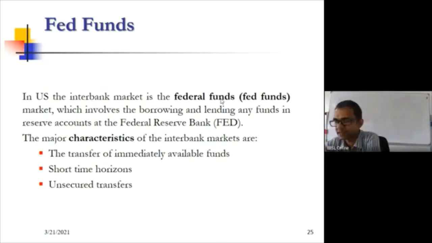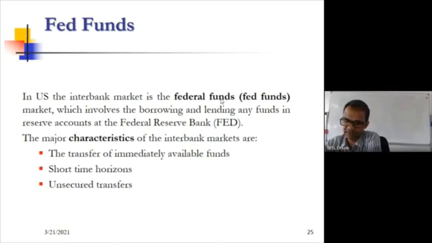It is the commercial banks' funds placed in their accounts, which they move among themselves, or lend and borrow from each other. So the main characteristic is the transfer of immediately available funds.